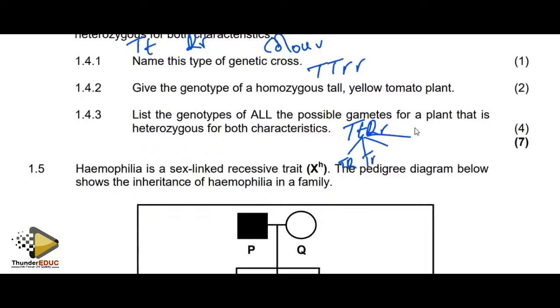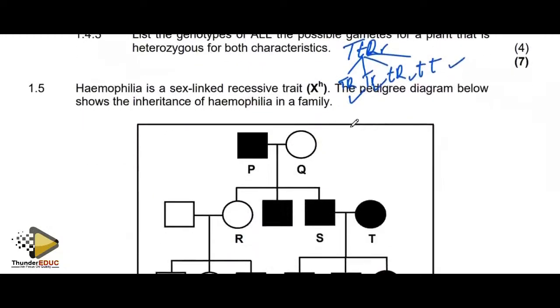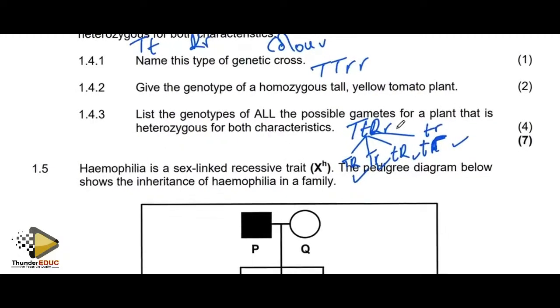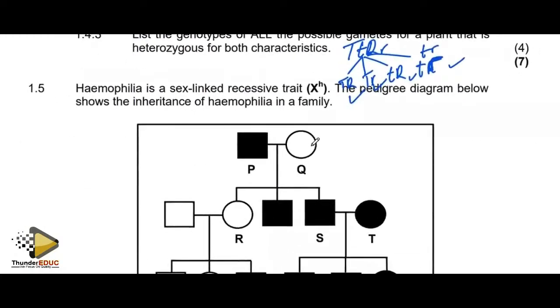Then this with this, small t, capital R. This with this, small t, small r. That's why there are 4 marks, giving you this, this, that, and that. So this must go with these 2, and this must go with these 2. Yes, so basically that is it.